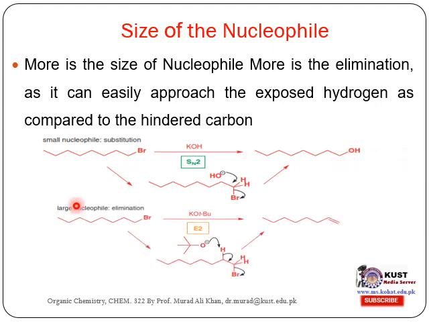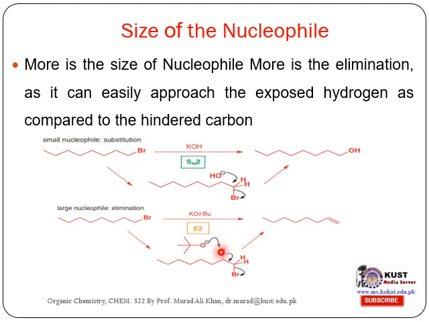Now in this case, the substrate is the same, but here we have a bigger nucleophile, potassium tert-butoxide. The tert-butoxide is a bigger group, and it will be difficult for it to approach the carbon.